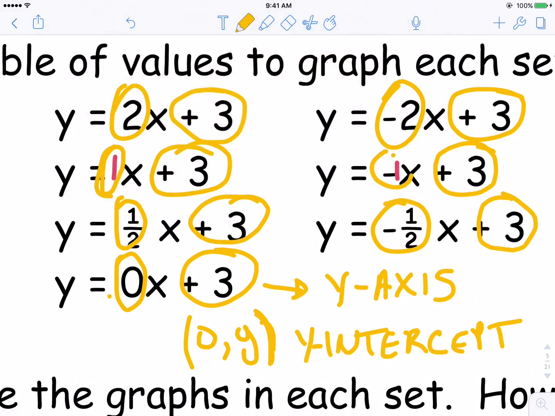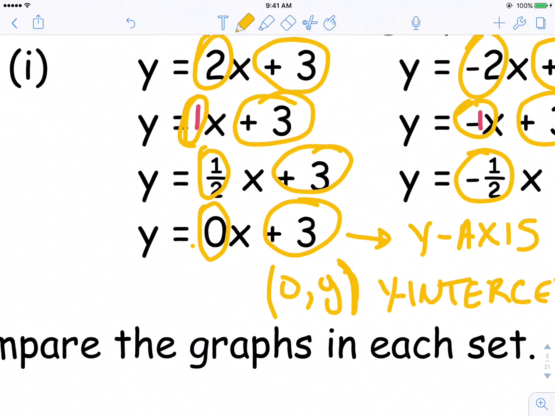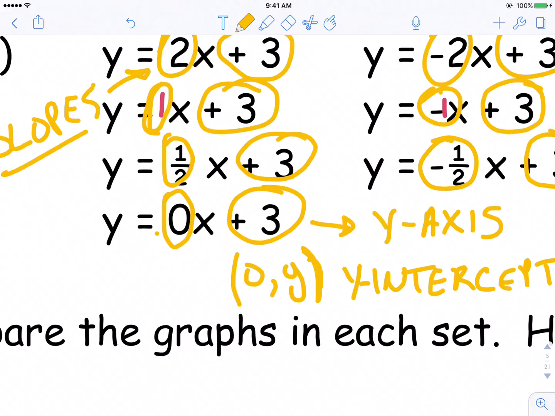Well, the difference is a negative 1. So the difference with each of these equations is that number in front of the x. And what did we say was different about all the different graphs? They all had different slopes. So this thing that comes in front of the x tells us the slope of the line. This thing over here, the rest of the equation, tells us the y-intercept.